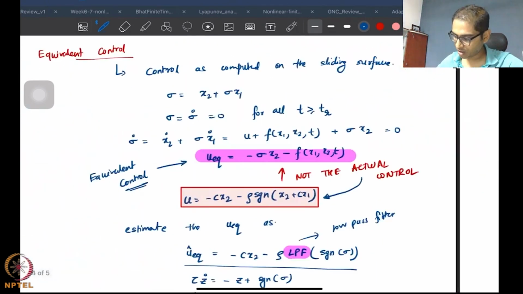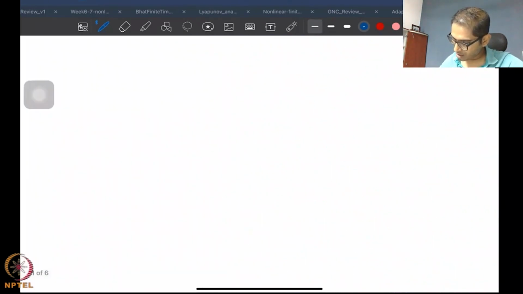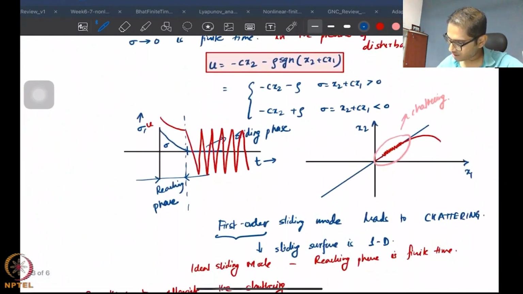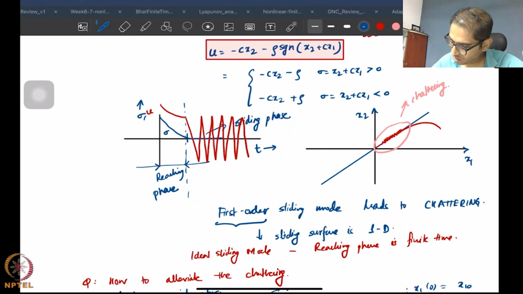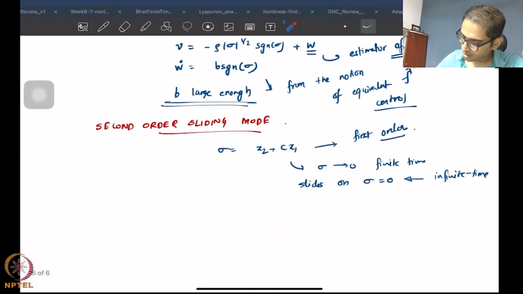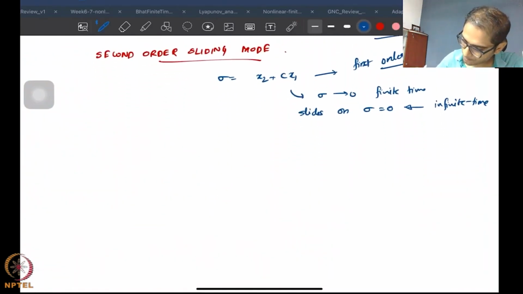You remember the picture was drawn probably in the first page itself, first and second. You actually reach the sliding surface and then you keep sliding for infinite time until you reach here, right? So you are moving in a one-dimensional surface for infinite time, and this is why this is a first order sliding mode, right?